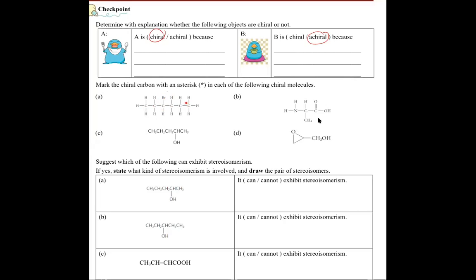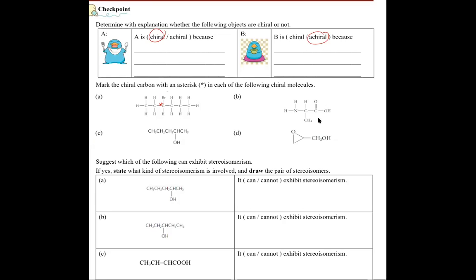Remember, the chiral carbon needs to be bonded to 4 different atoms or group of atoms. Okay, so which carbon has been bonded to 4 different atoms or 4 different groups of atoms? The third one. Yeah, the third one. Okay, mark it with a star.